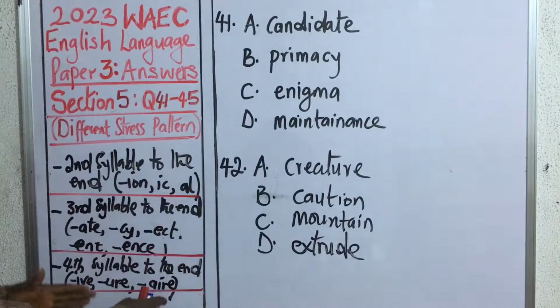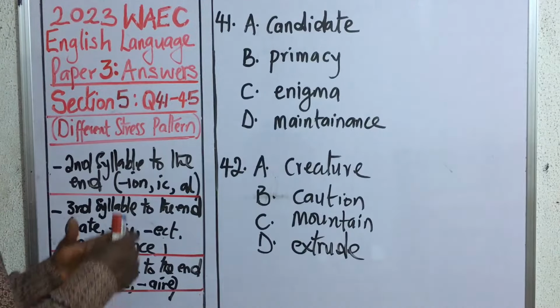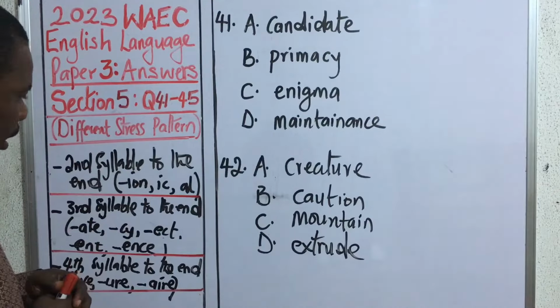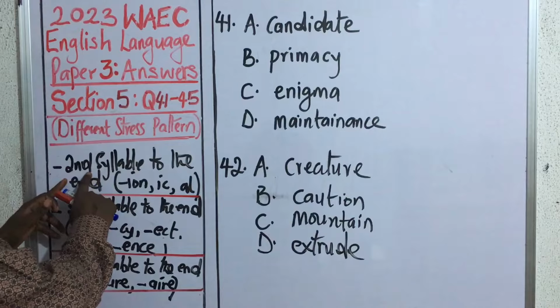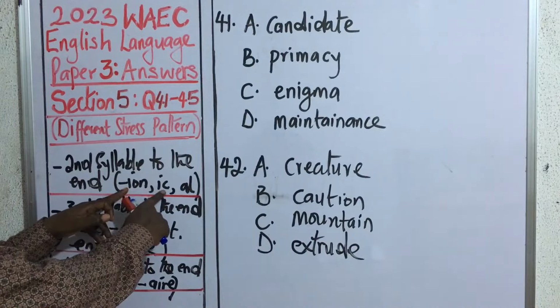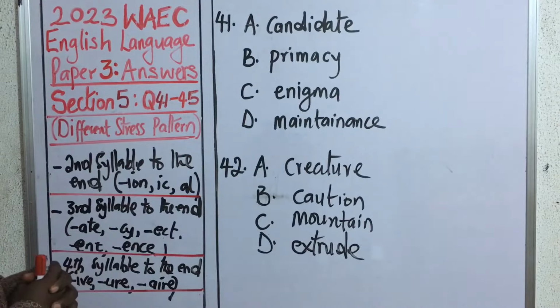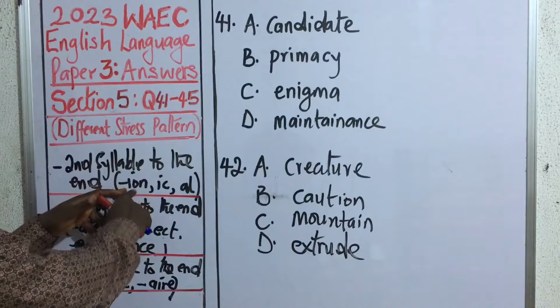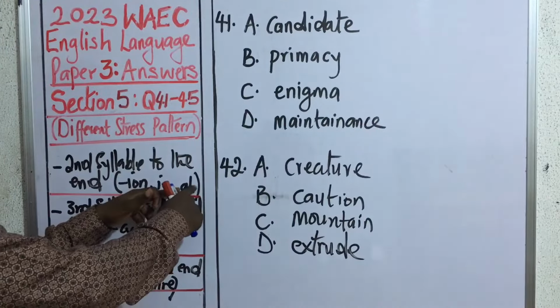What about when a word has 3 or more syllables? There are a few rules that can guide you to arrive at the correct answer. The first thing is you stress a word on the second to the last syllable if it ends in ION or when it ends in IC or AR, like emotion, examination, dramatic, formalistic, horizontal.